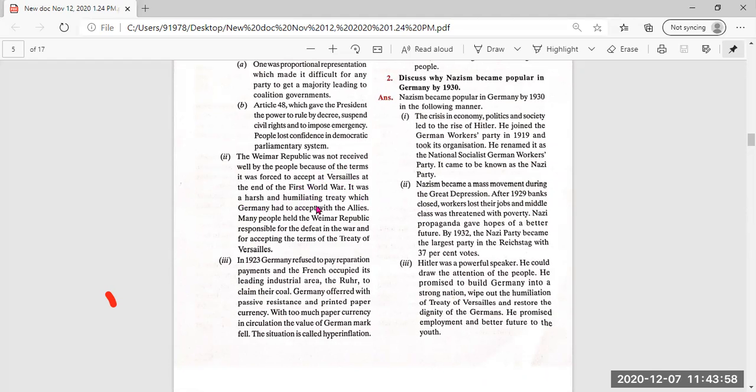It was a harsh and humiliating treaty which Germany had to accept with the Allies, and many people held the Weimar Republic responsible for the defeat in the war. Many people pointed out that the Weimar Republic was responsible for the defeat, and that is why they had to suffer such a humiliating and harsh treaty, and that is why the Weimar Republic was not accepted by the German people.